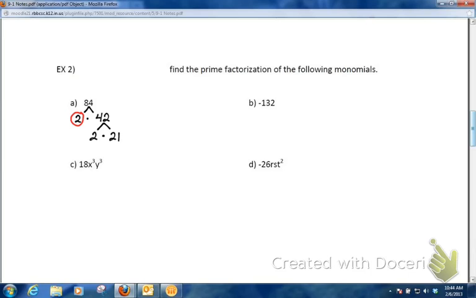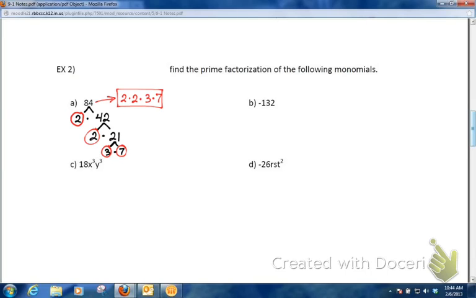And again, 2 is a prime number. 21 is not, though, so I'm going to break 21 down. 21 breaks down into 3 times 7, and 3 and 7 are both prime numbers. You'll know that you're done when all of your branches have come to a stop. So 2, 2, 3, and 7 have stopped, so the prime factorization of 84 is 2 times 2 times 3 times 7.